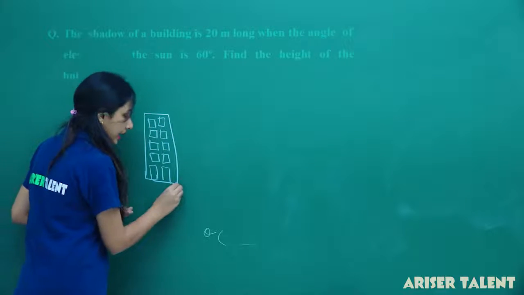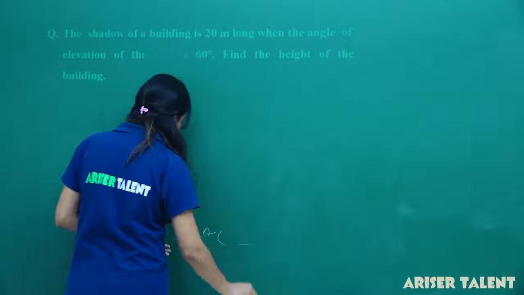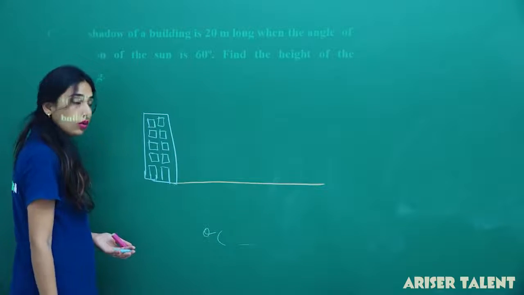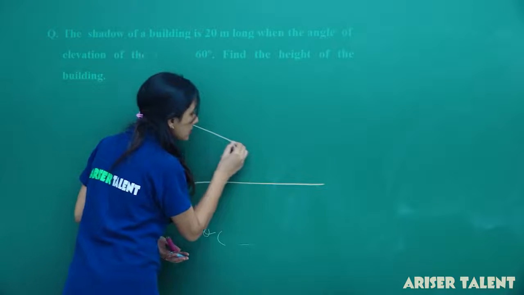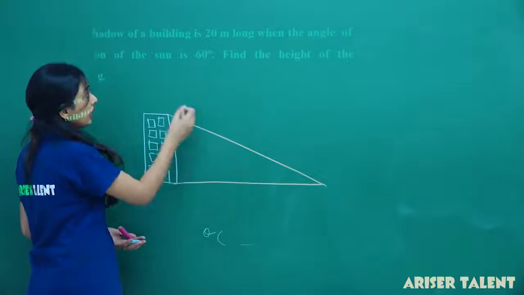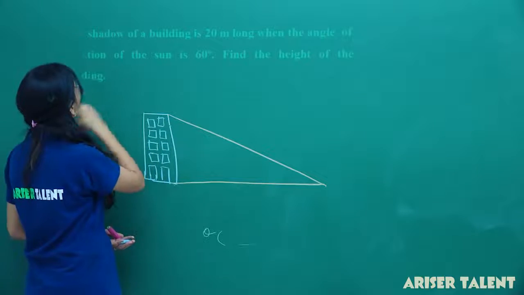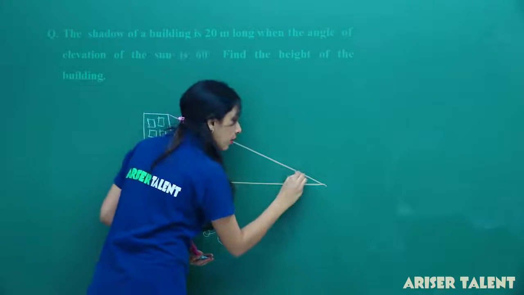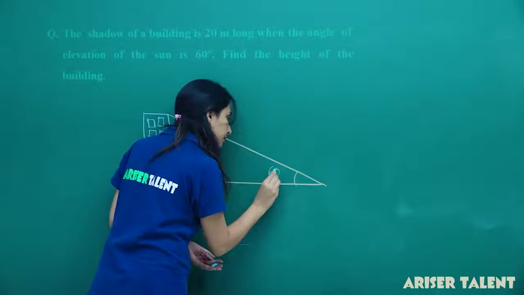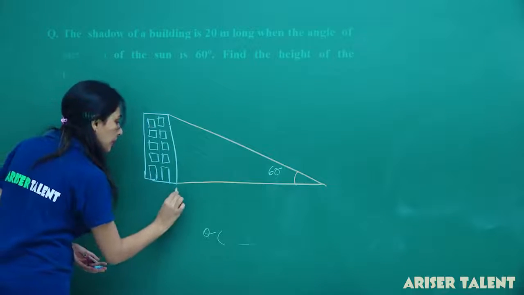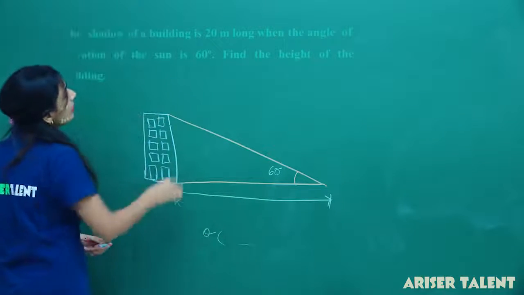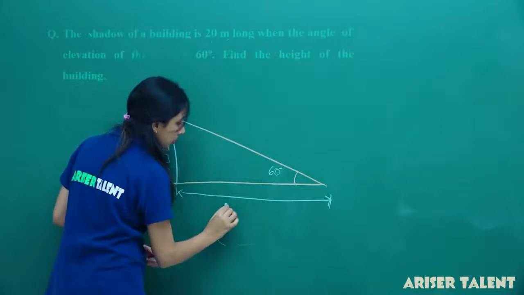So, I'm talking about this ground, right? Now, I'm citing this, right? Now, this angle of elevation is what? 60 degree, right? And this shadow is what? It's given that it's 20 meter long.